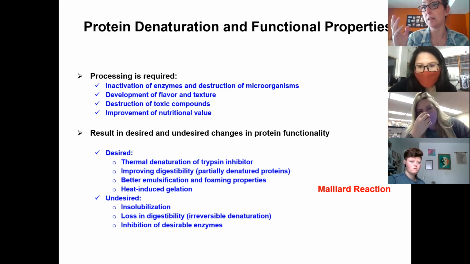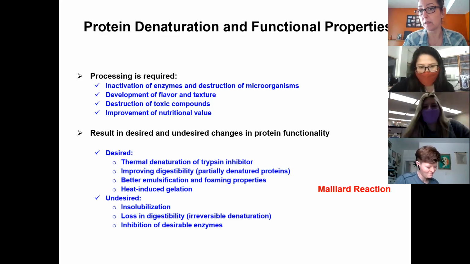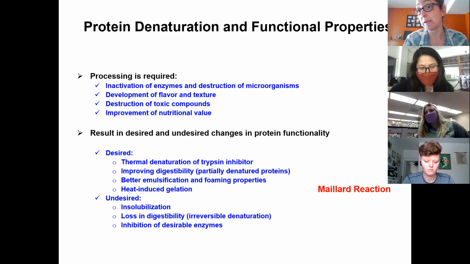If you think about gelatin, for example, it comes from collagen. It's mostly stabilized by hydrogen bonding. When you take collagen and heat it, hydrogen bonding will be broken, and then you have the protein in solution. When you cool it, hydrogen bonding will start to occur, but in a randomized way, not the original way, and then you form a three-dimensional gel.